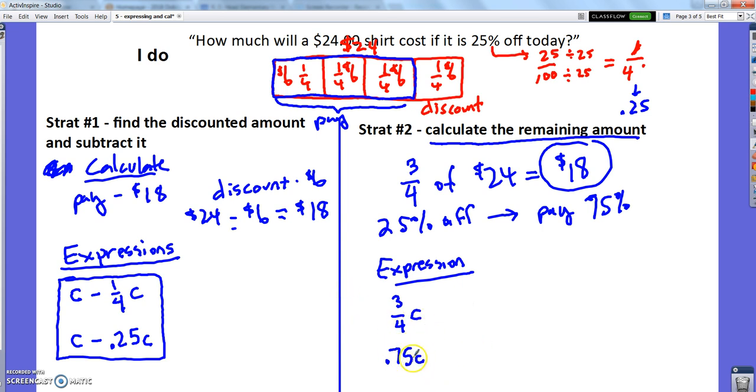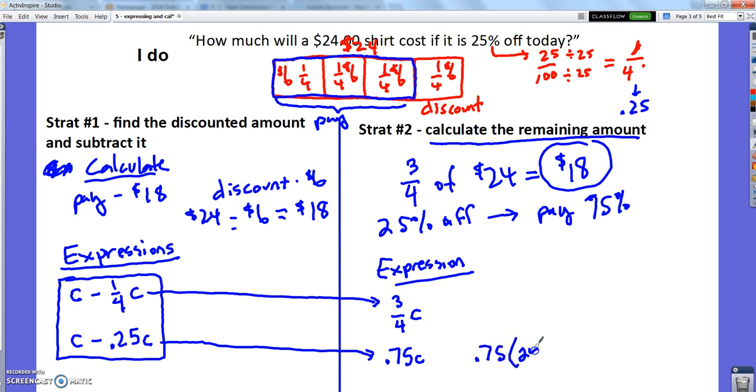So it's a much simpler expression. A whole cost minus 1/4 of the cost is 3/4 of the cost, or a whole cost minus 25% of the cost is the other 75% of the cost. But it's just a one-step thing. I can say, it's just going to be 75% of the 24 to get 18.